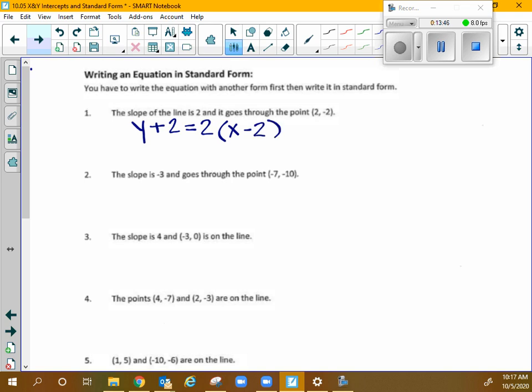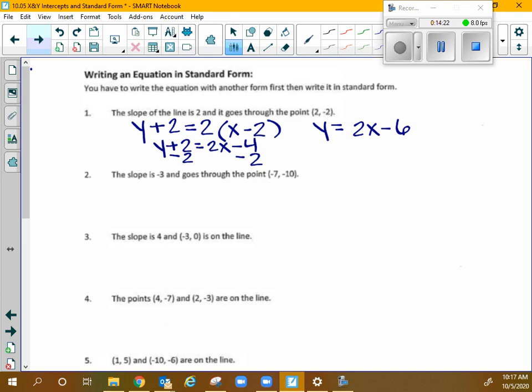And then we need to change it to standard form. So go ahead and distribute that 2 for me. What am I going to get? -4. Okay. Now what needs to go? -2. So y equals -6. Yes. How did I get what?